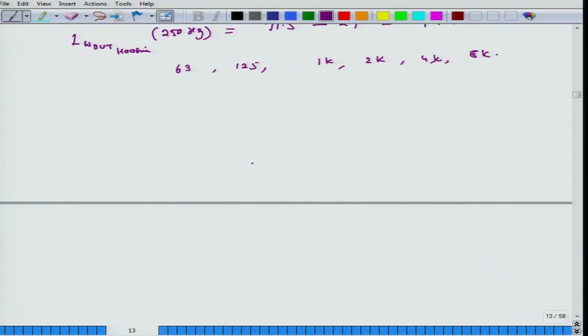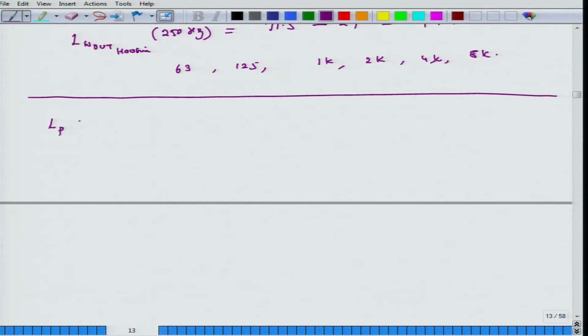So, now we will do LP, and again those calculations will also be frequency specific. So, LP equals how much?